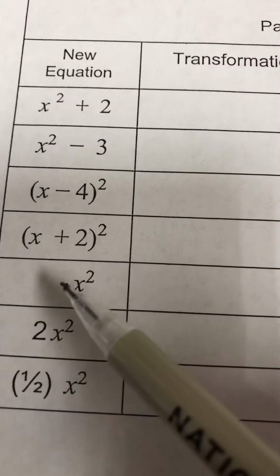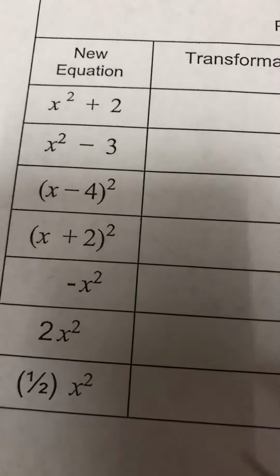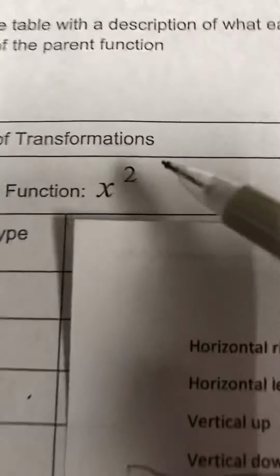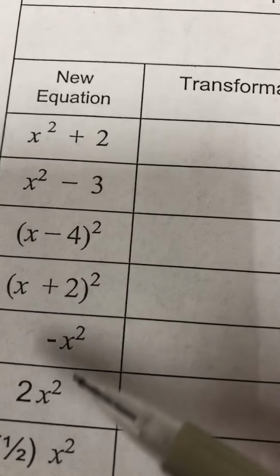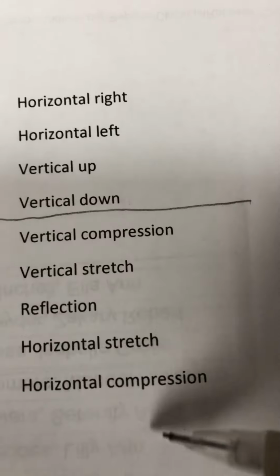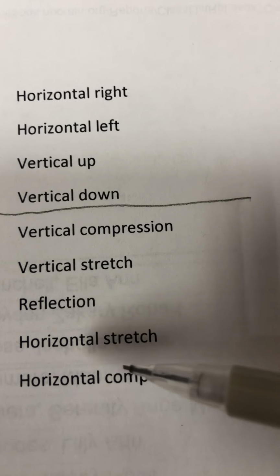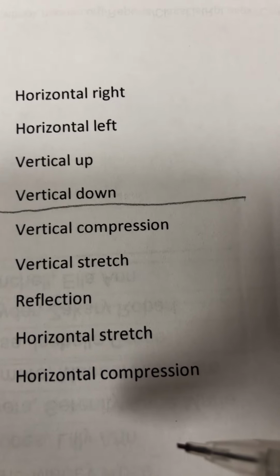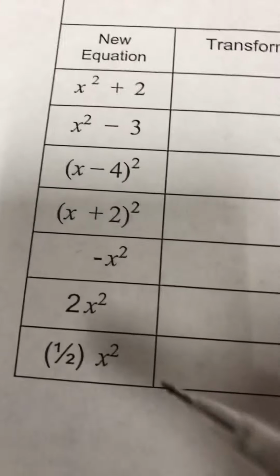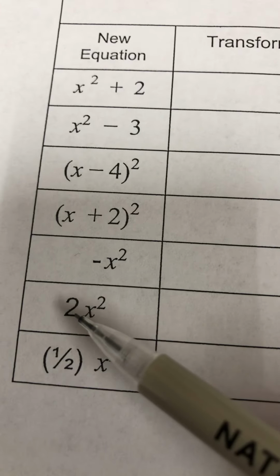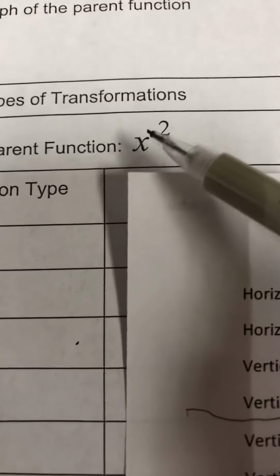So we just have negative x squared. The parent function is x squared, and then just throw in a negative in front of it. What is that called? Vertical compression, vertical stretch, reflection, horizontal stretch, or horizontal compression. 2x squared, so you're just taking that parent function and putting a 2 in front of it. What is that?